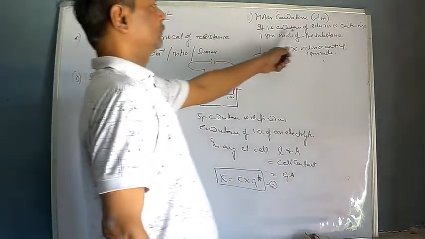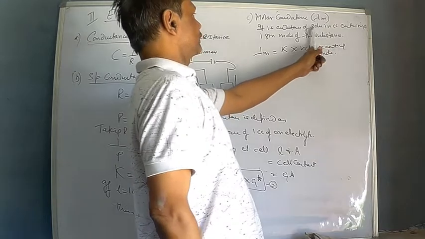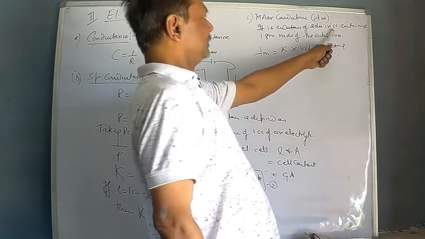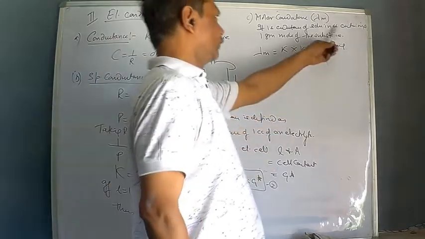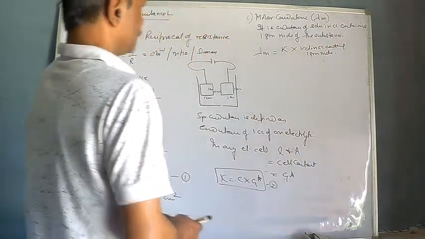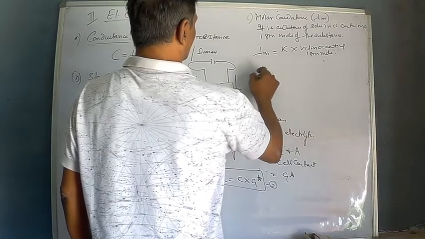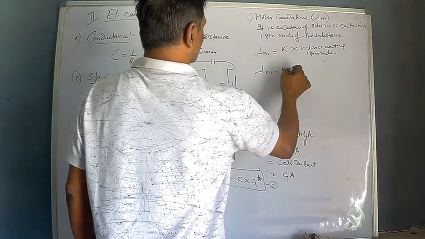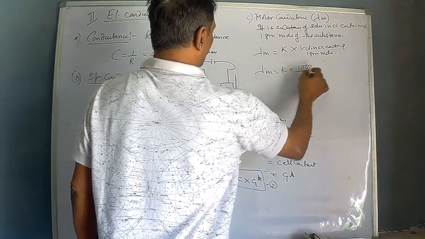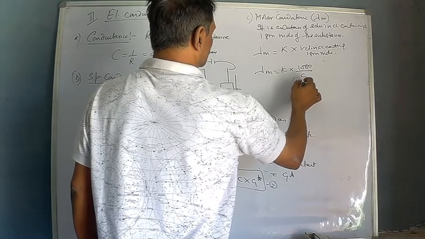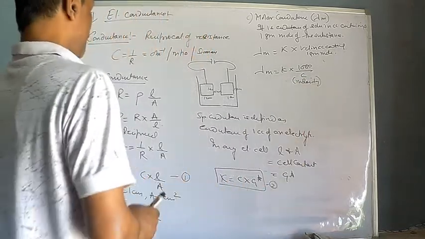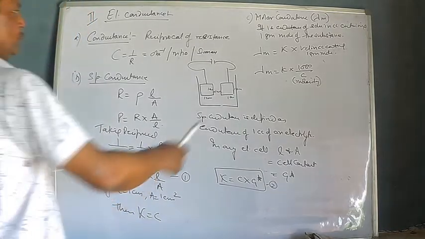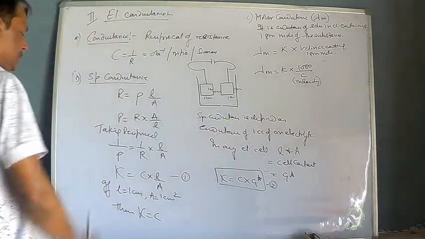So it is the conductance of solution in cc containing 1 gram mole of the substance. So cc is the volume of the solution, right? So class, in the next step I can write lambda m equals kappa into 1000 upon C. And what is C? C is your molarity.